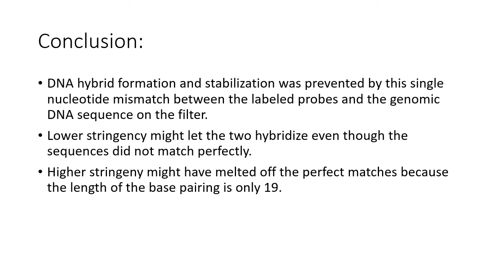If you had lower stringency, where the mismatch was less important, the two might actually hybridize to each other even though the sequences don't match perfectly, because that can happen in very high salt conditions where the mismatches are not quite as important. If we had used too high a stringency, it's only a 19-mer, and you've got breathing and all that other stuff going on. If it was too stringent, you might have melted off the perfect matches, because the length is only 19, which is not very long.